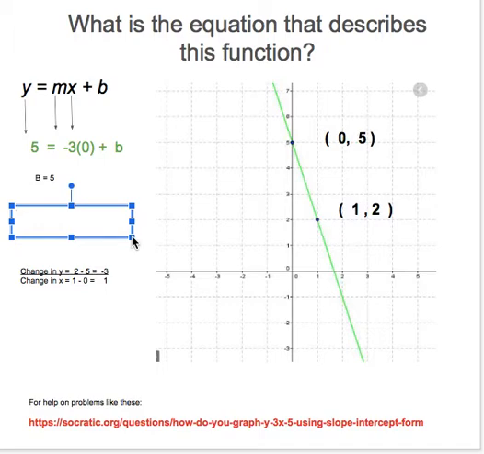So y is equal, sorry for that capitalized y, we said the slope was negative 3 x plus 5. So the equation here for this one is y is equal to negative 3x plus 5.